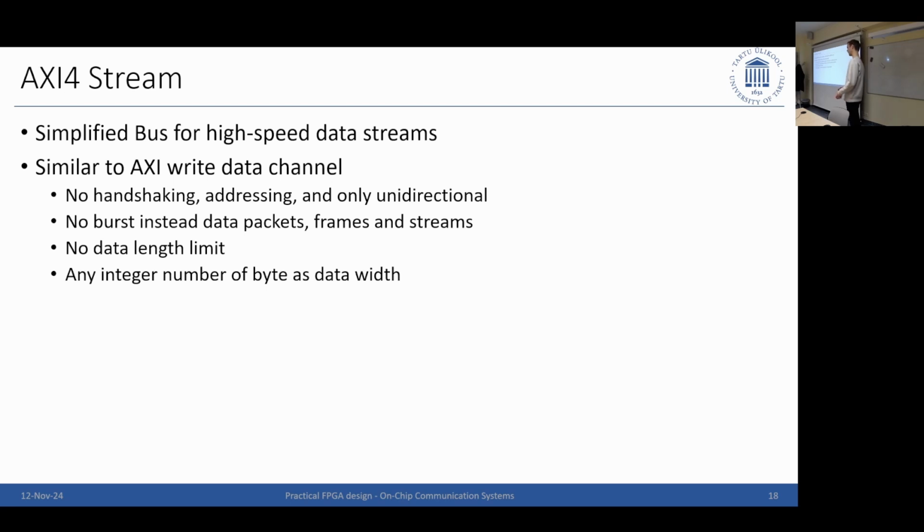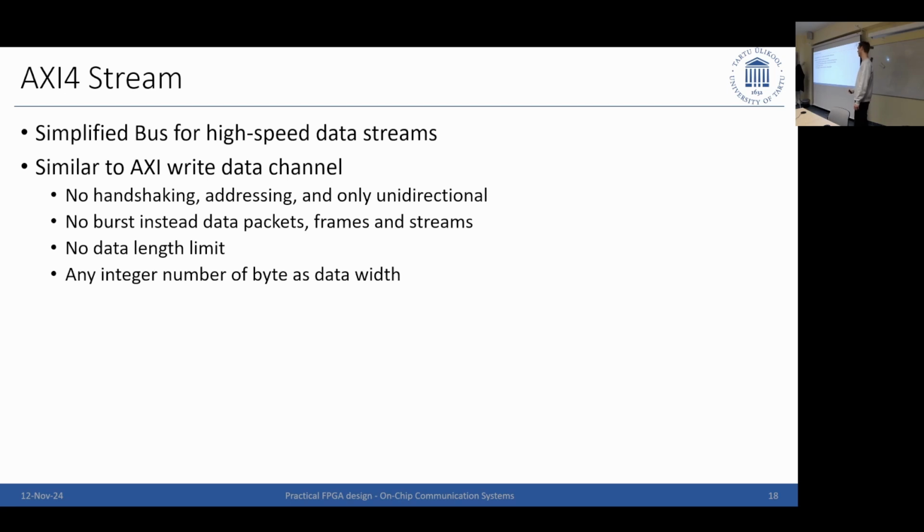Of course, that adds some overhead, but you're also much faster, because the burst length of the normal AXI is limited, which is not the case here, so you can just have a continuous data stream. Again, this is why it's used for direct memory access or any high-speed communication, because it's just connecting two points to each other.